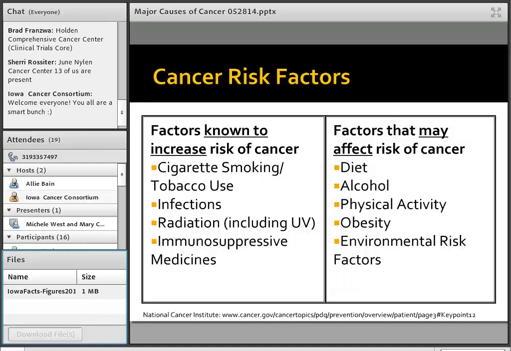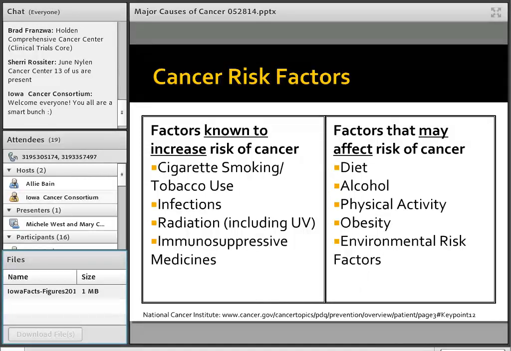And a lot of these, it's not to say that these factors on the right do not cause cancer. It's just that researchers often have trouble proving a causal link because of issues with accurately measuring exposure, or due to poorly understood mechanisms of action, or due to potential confounders that may not have been measured, because a lot of these things that we think may or likely do increase or affect cancer risk are often known through observational studies and not necessarily through clinical trials where it's easier to prove what causes what.